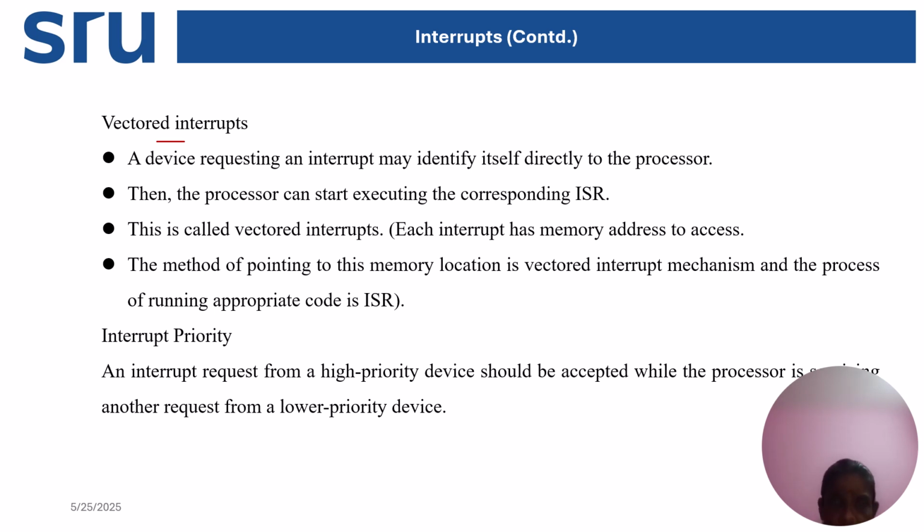The device requesting an interrupt may identify itself directly to the processor. So the IO device, while giving the interrupt, automatically gives its identification number. If the processor recognizes the number, it knows which device is calling. Then the processor can start executing the corresponding ISR.